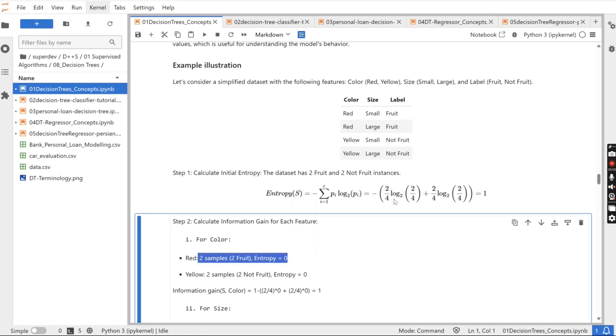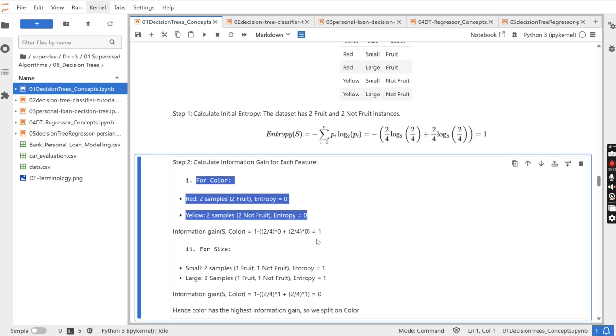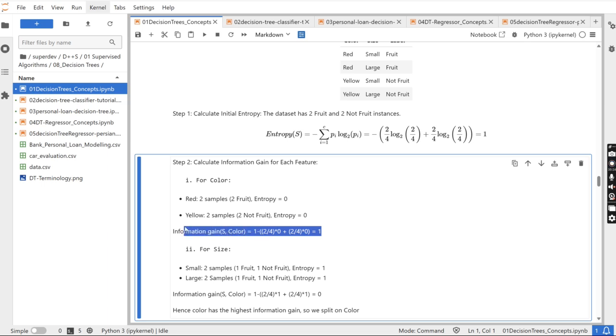Plugging into the equation, 2 by 2 into log 2 by 2 plus 2 by 2 into log 2 by 2: log 2 by 2 is log 1, which is 0, so both terms become 0, and the entropy becomes 0. Information gain is 1, because you subtract the entropy from 1. So the information gain for color is 1 minus 0, which is 1.